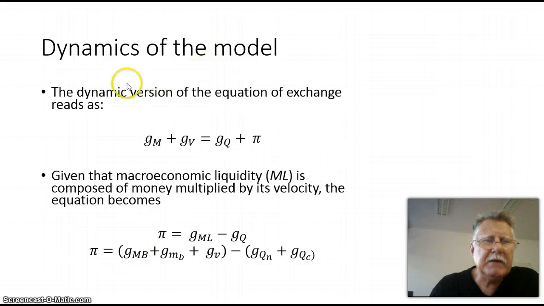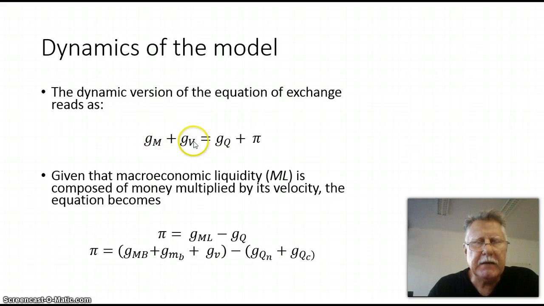Now to the dynamics of the model. G stands for growth rate, M for monetary mass, V for velocity, Q for output, and P for the price inflation rate.